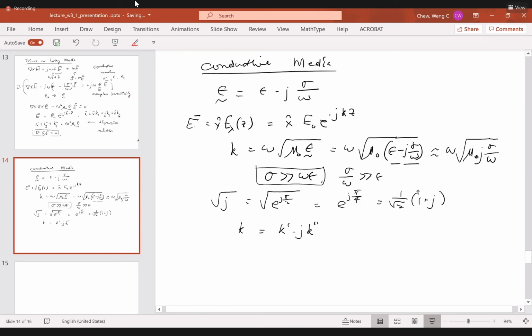This is just a statement that conduction current is much, much larger than the displacement current. Okay, and then the wave would decay exponentially in the z direction. If you plug this number in here, e to the minus jkz will consist of two terms, e to the minus jk prime z, e to the minus k double prime z. And then the wave decays really fast.